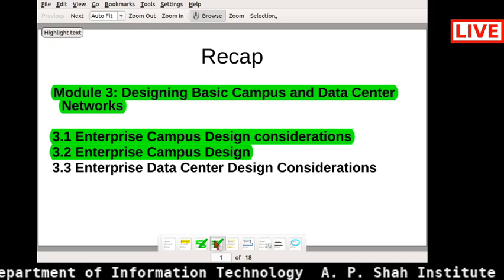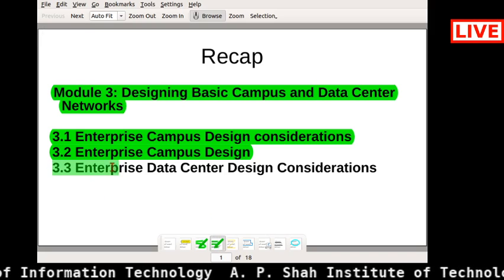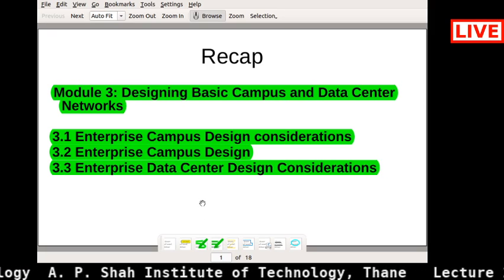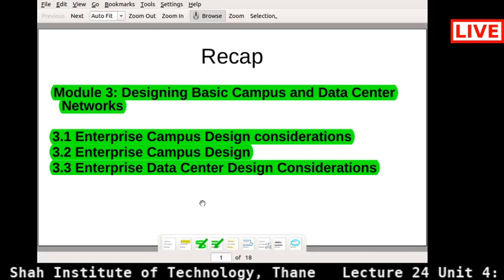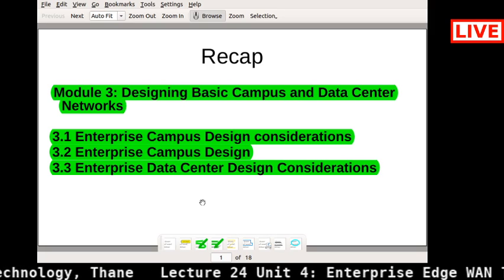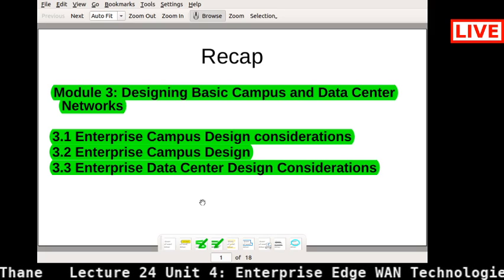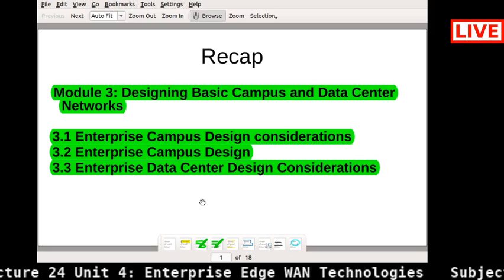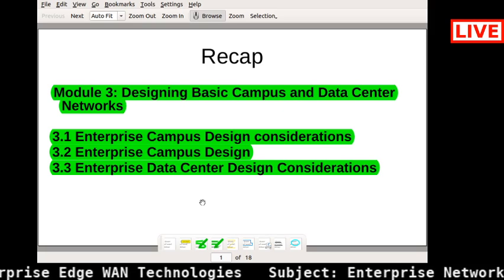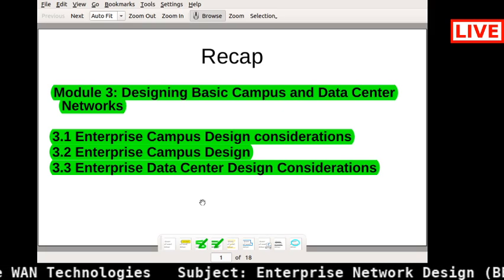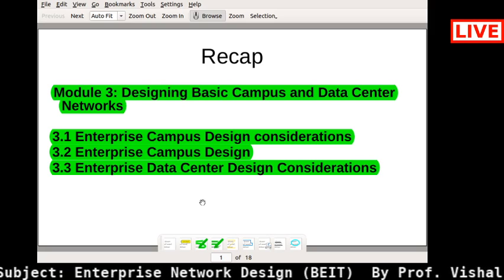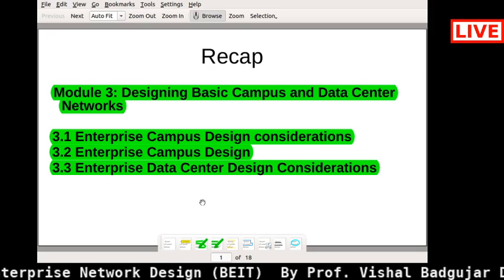We also discussed the data center design considerations, what the criteria are that need to be checked while designing the data center. We also saw a sample data center design. So we covered the campus and the data center in our last session.